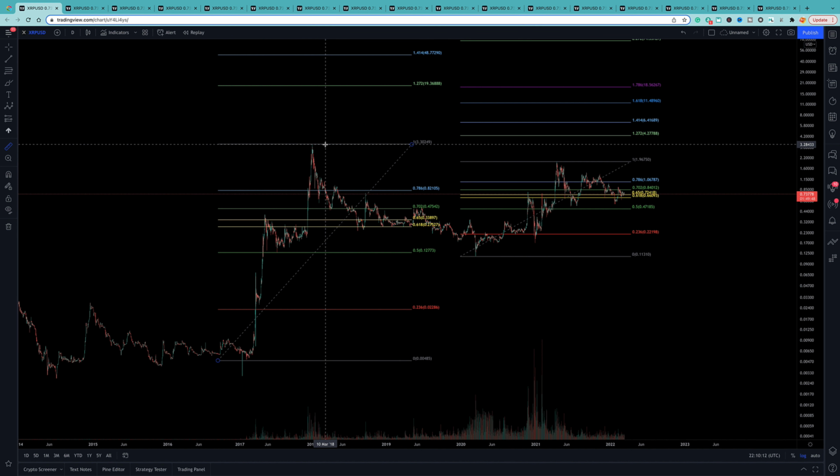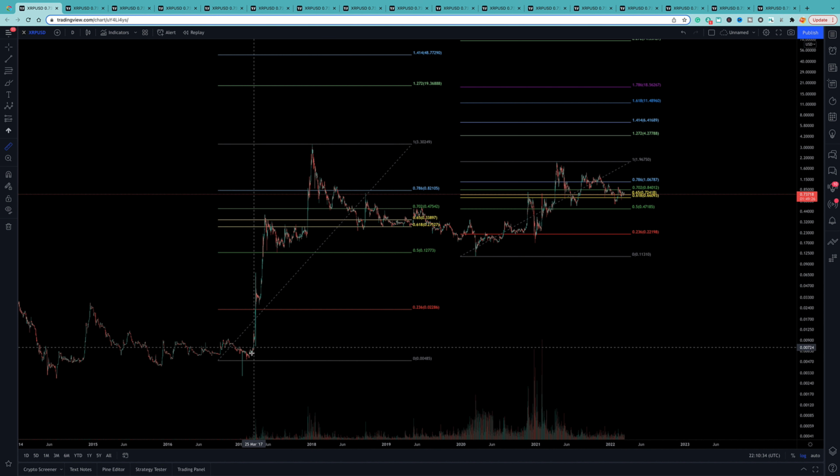And then it went up to $3.28. So if it was 1 cent, $1 would be 100%. $3 would be 300%, 335%, and then multiply that by 2, 670%.